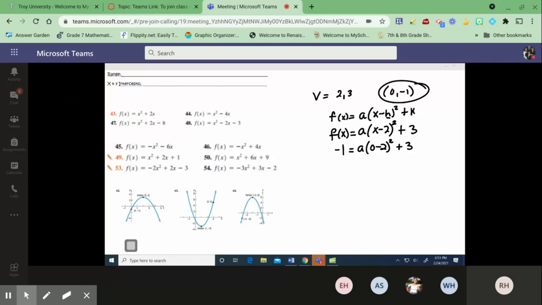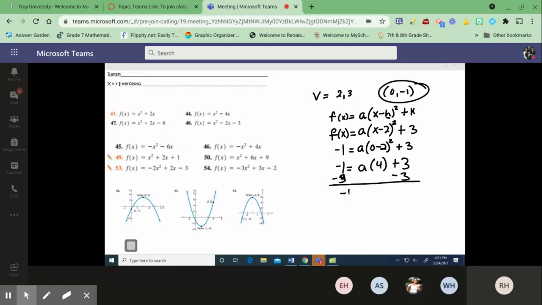So negative 1 equals a times, nope, that's not going to be a negative 4, is it? a times 4 plus 3. Subtract that 3 from both sides.